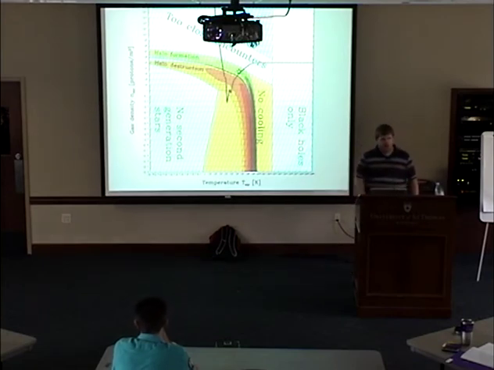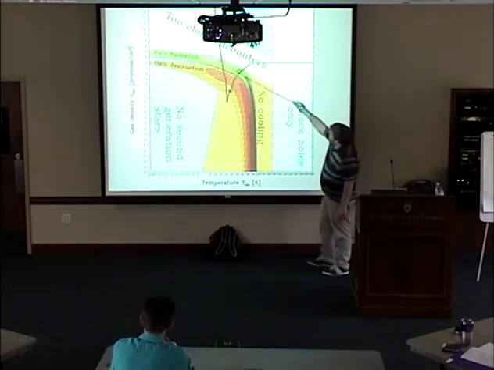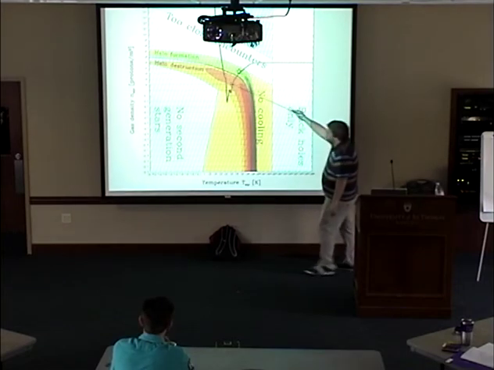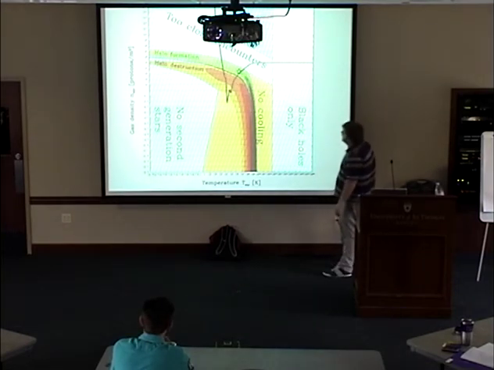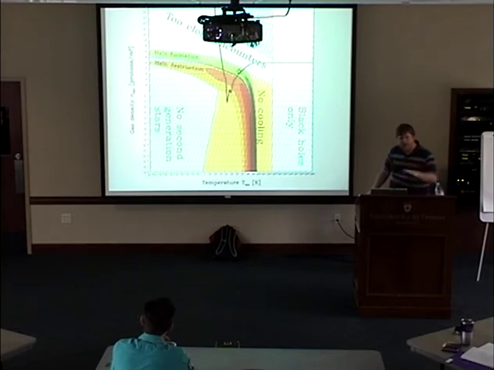If you're out here, you've made a black hole, so not much going on in there. Any matter that falls into it just gets crushed into oblivion. If you are underneath this thick black line, which is a very complicated shape for various reasons, then the gas in the halo won't cool.